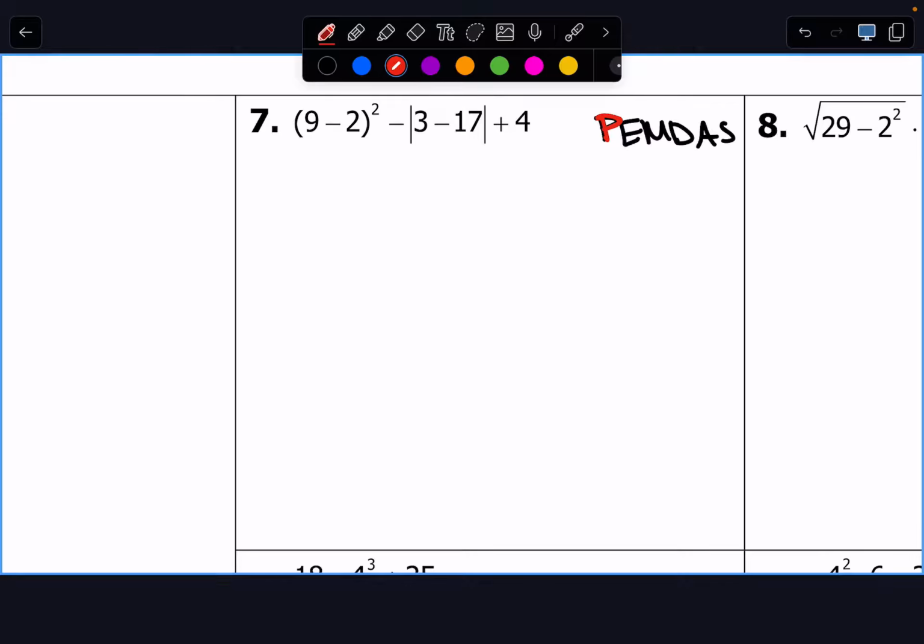You betcha we do. We have parentheses right here. 9 minus 2 is 7. Since there's a square, I'm going to keep the parentheses there. But we've done inside the parentheses, and that's fine.